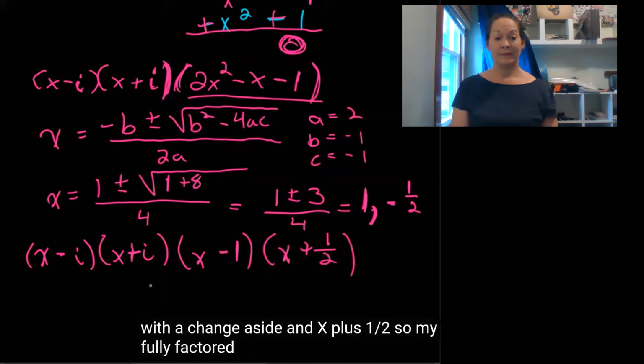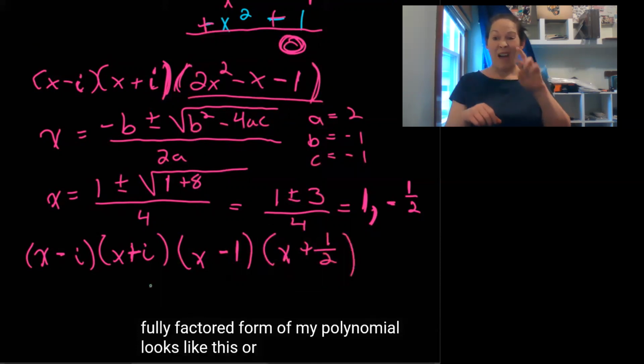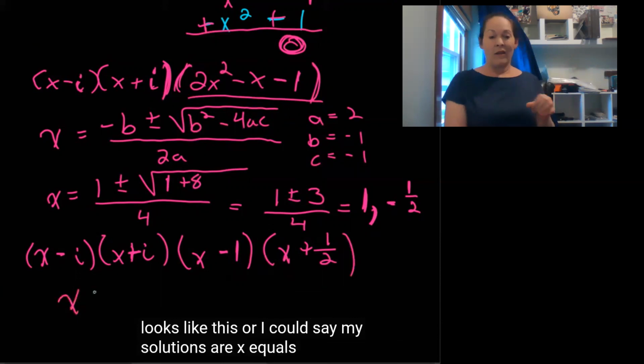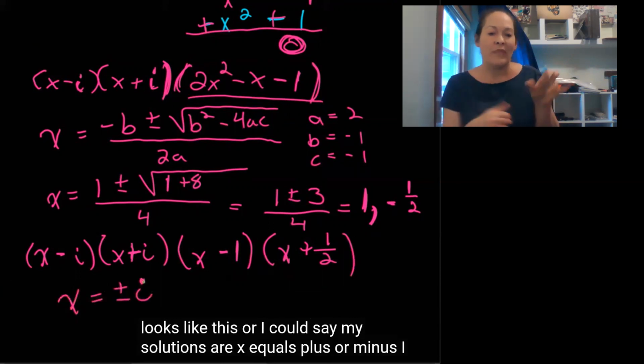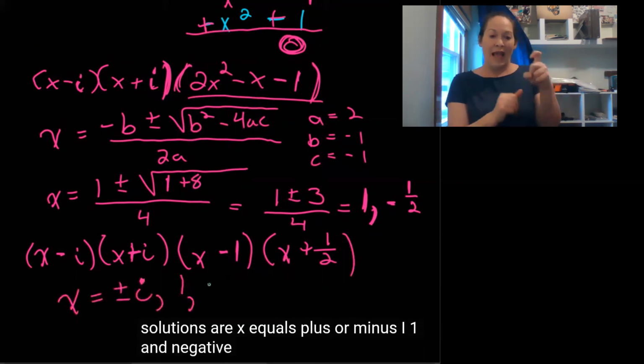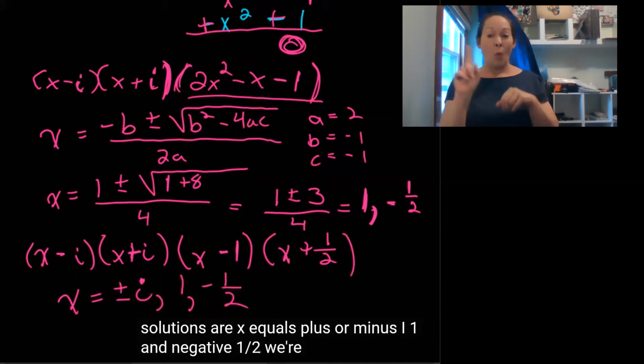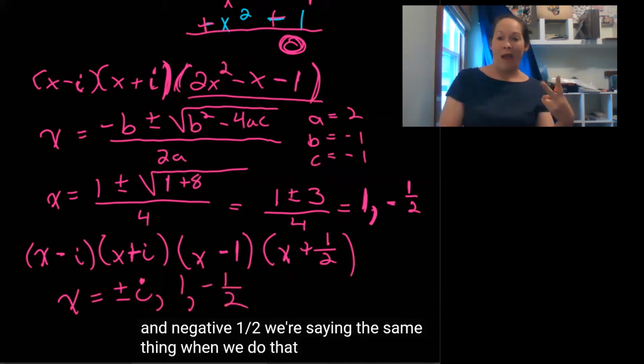So my fully factored form of my polynomial looks like this. Or I could say my solutions are x equals plus or minus i, 1, and -1/2. We're saying the same thing when we do that.